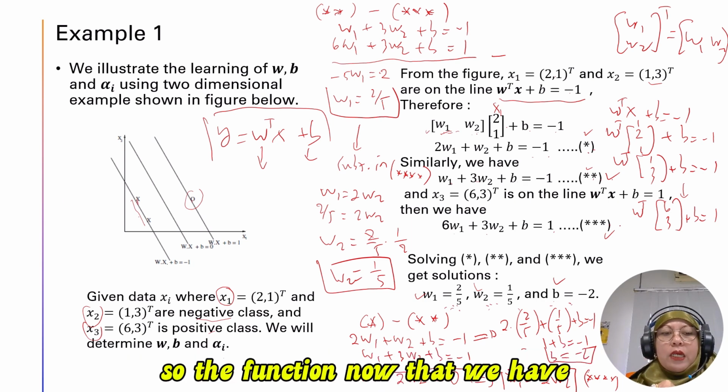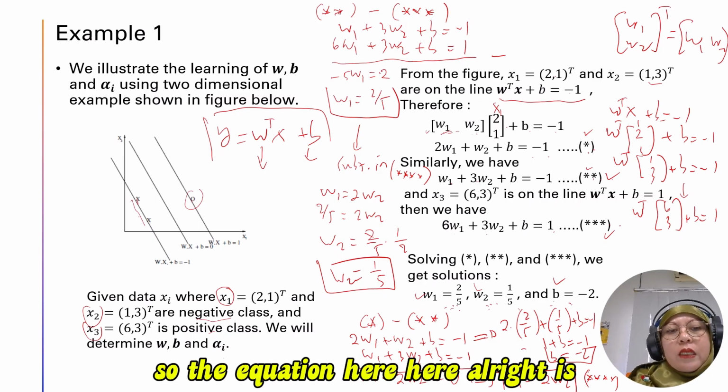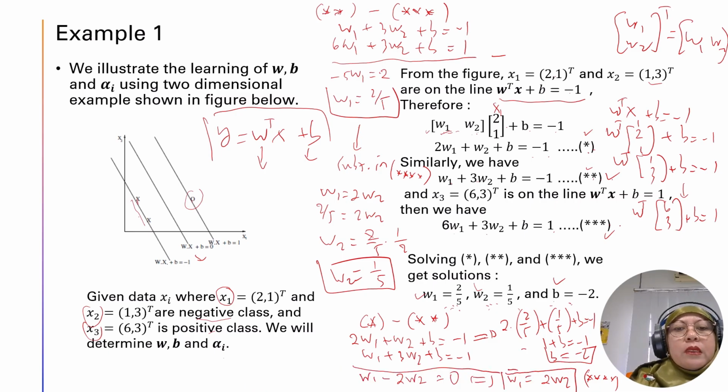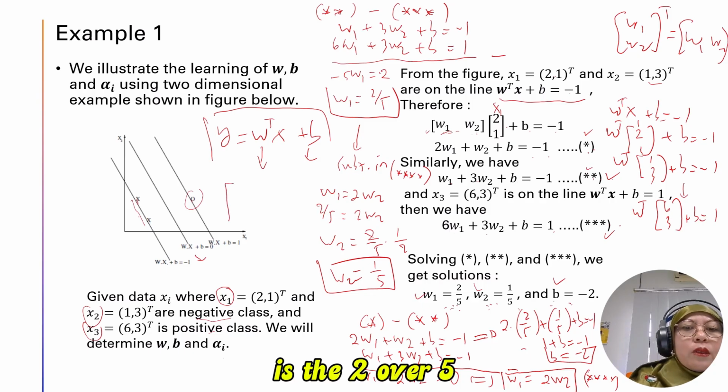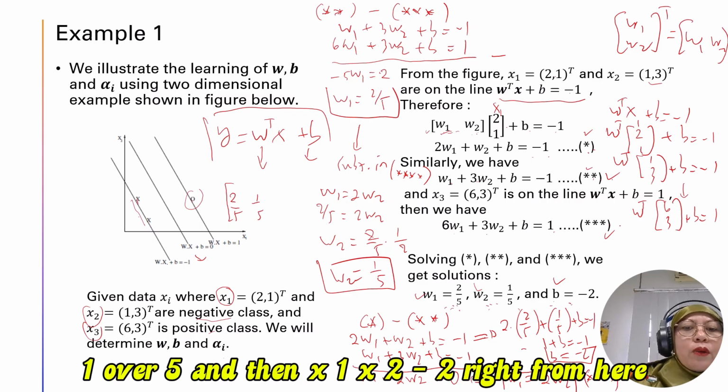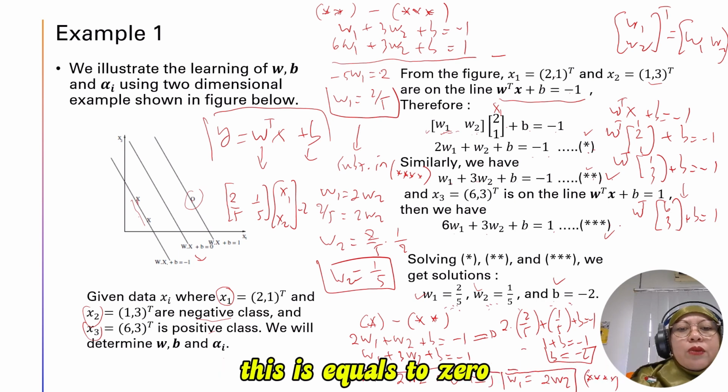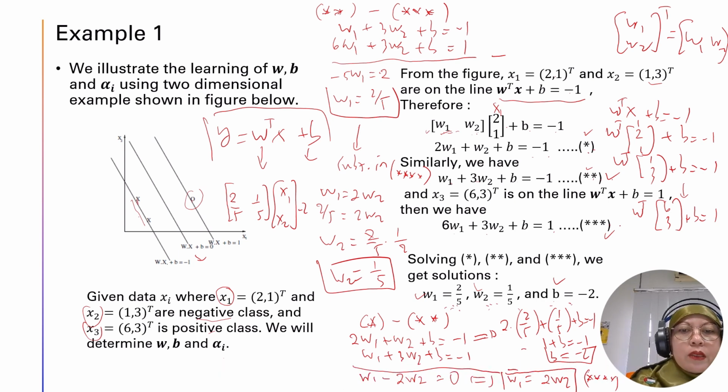So the equation here, right, is 2 over 5, 1 over 5, and then x1, x2, negative 2 equals to 0.